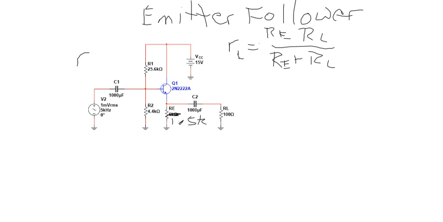We already found a little RE prime in the other circuit, and we have the same setup, everything that went into finding a little RE prime. So it's still going to be 25 ohms in this example. But my little RL here is going to be 1.5K in parallel with 100 ohms.